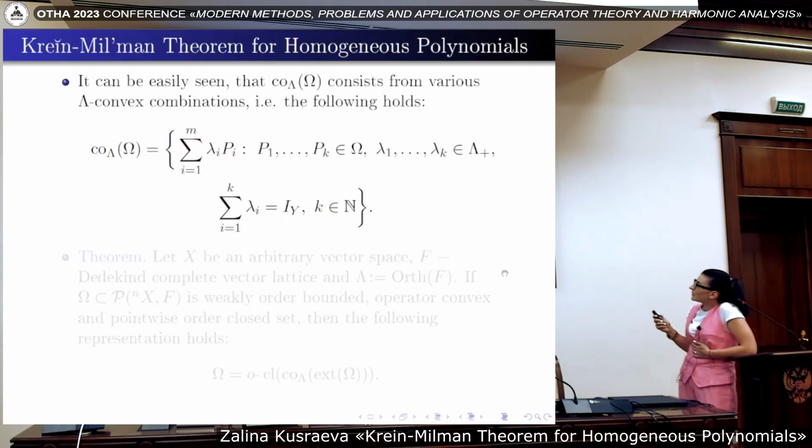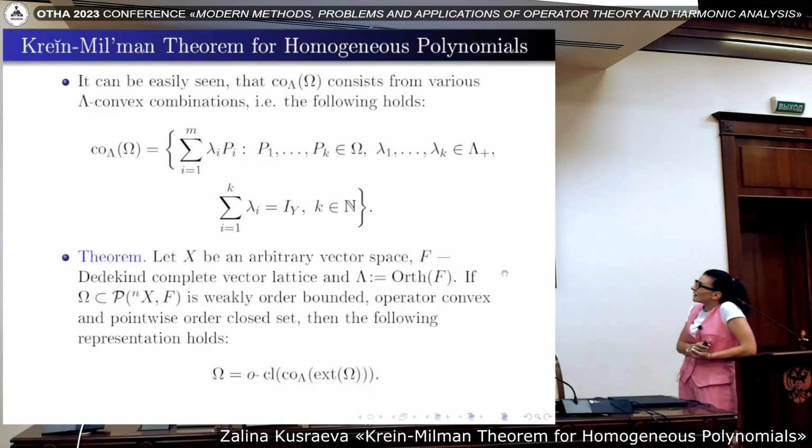And here on this slide, the main result is presented. It says that if X is an arbitrary vector space and F is a Dedekind complete vector lattice, and Omega is a weakly order bounded, operator convex and pointwise order closed set, then the following representation holds.